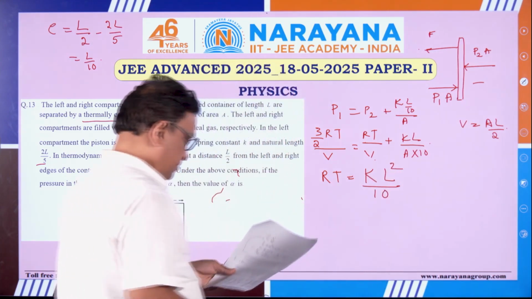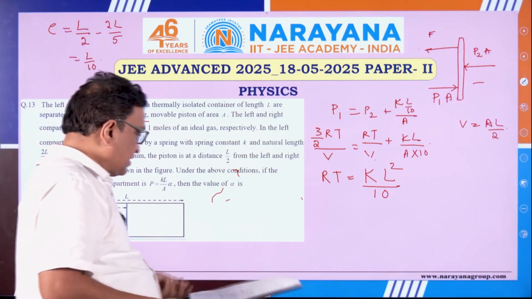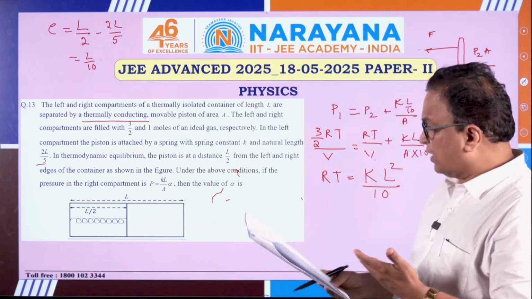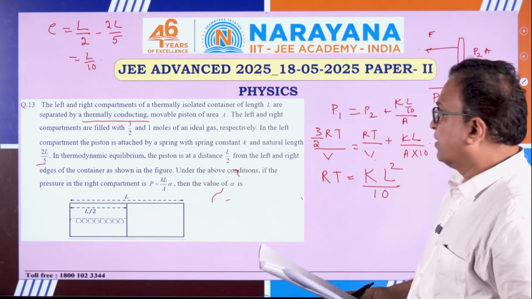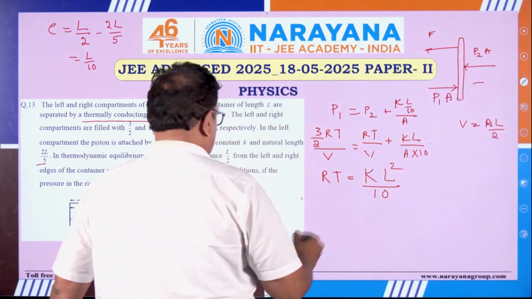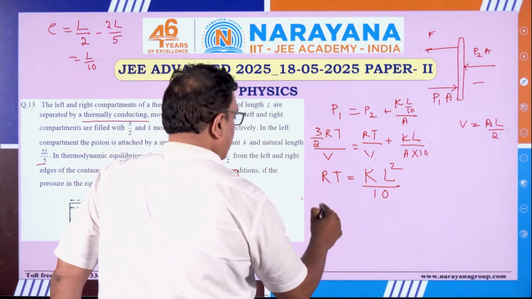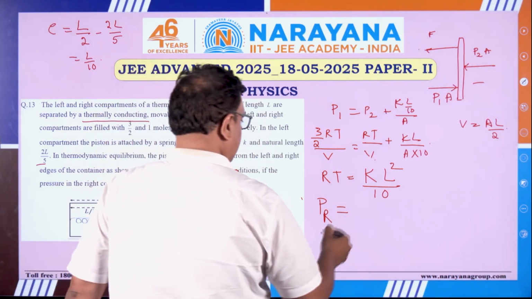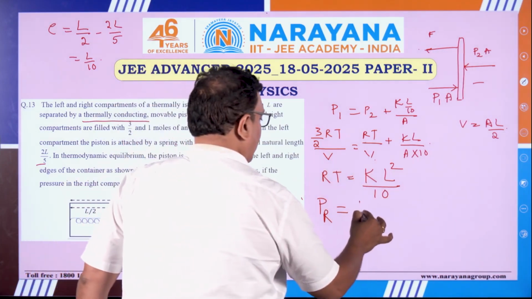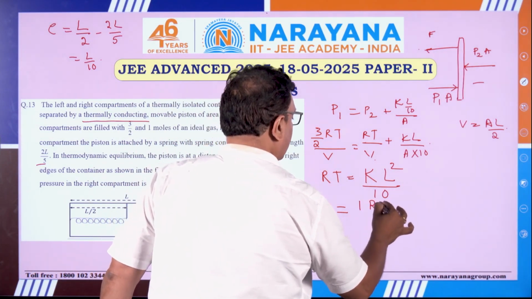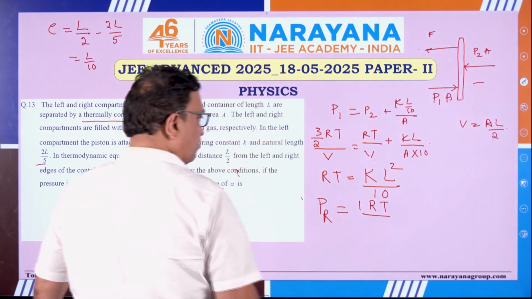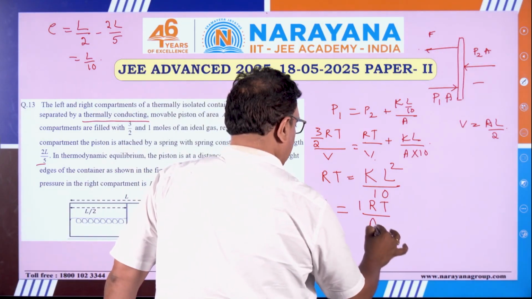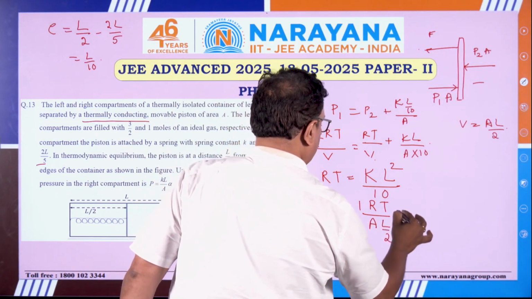Let it be. What do you want basically? You want the pressure in the right compartment. The pressure in the right compartment is given as, there is only 1 mole, RT by volume. Volume is A into L/2.